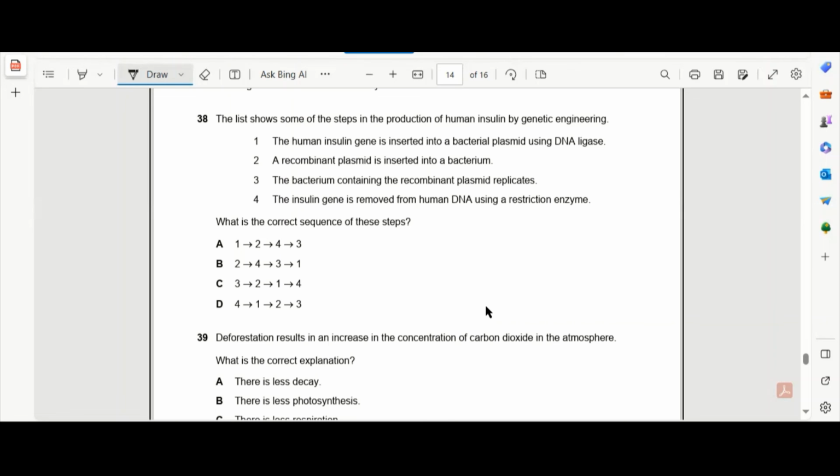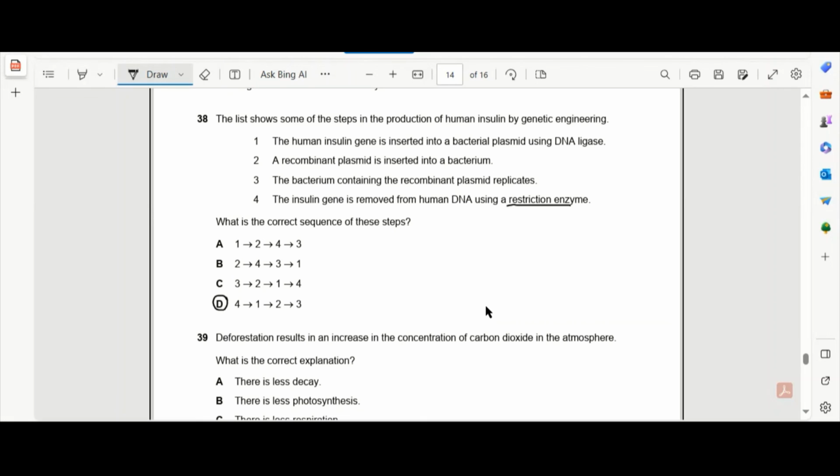If you have studied genetic engineering, you must know that the first step we do is remove the insulin gene from the human DNA using the restriction enzyme. So that is the first step. So D will be the only correct answer.